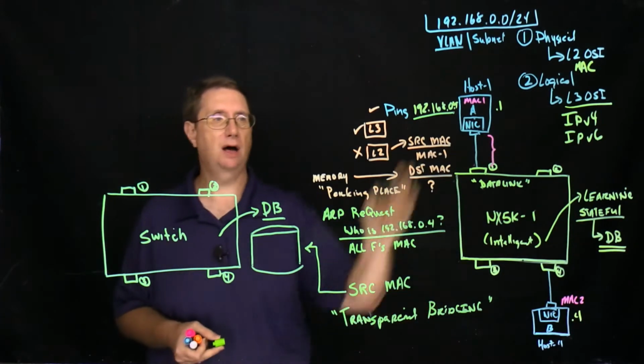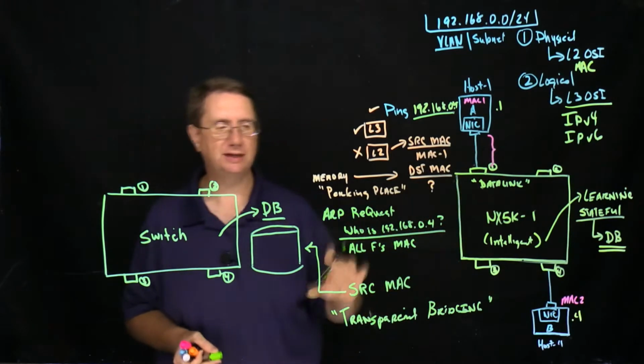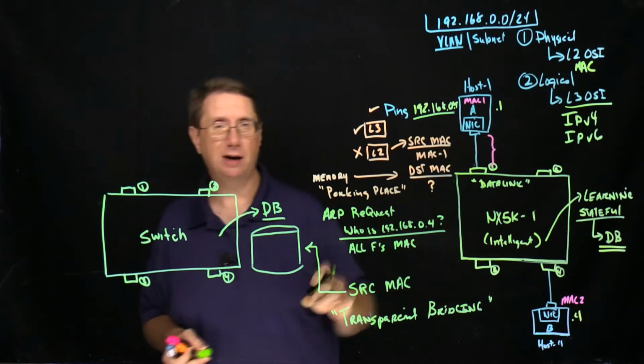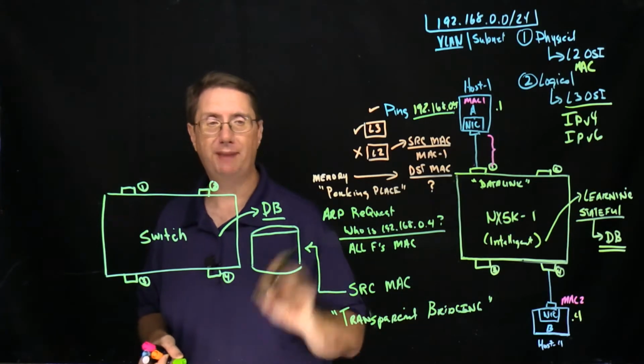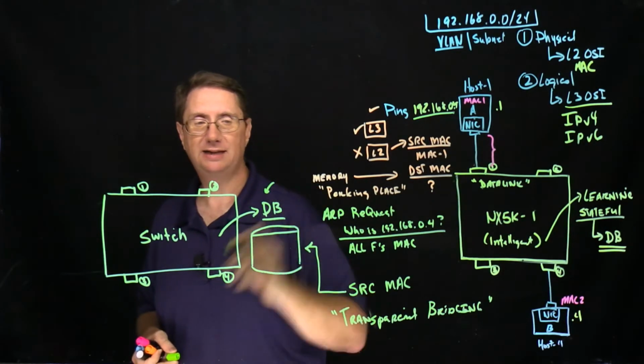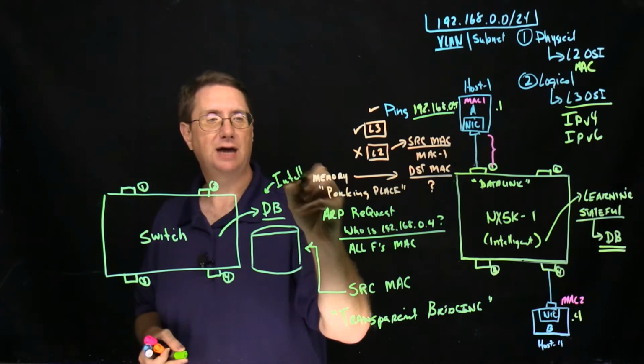But just understand that in Ethernet we do transparent bridging. Now what that means is the host has no idea of what's happening. It's all handled by the switch. Remember, I said we surrender the entire process to the intelligence integrated into our switch, and that intelligence is baked into this database that we've been describing. So that's where the intelligence resides.